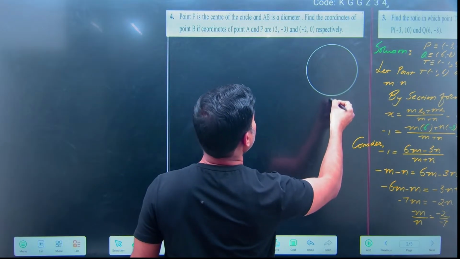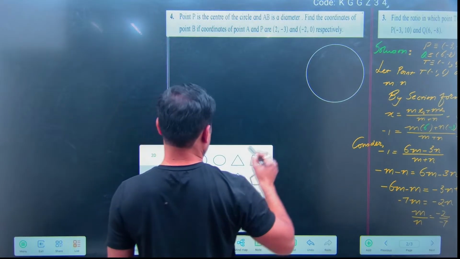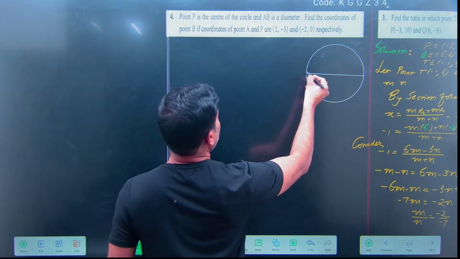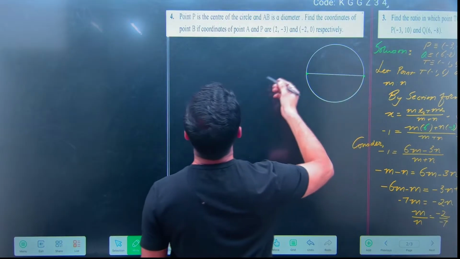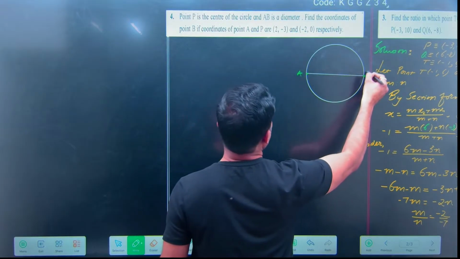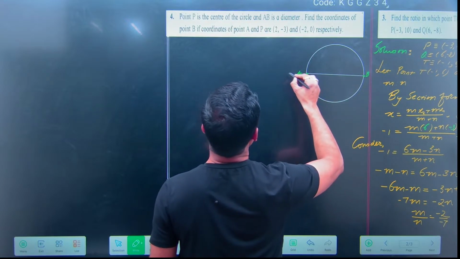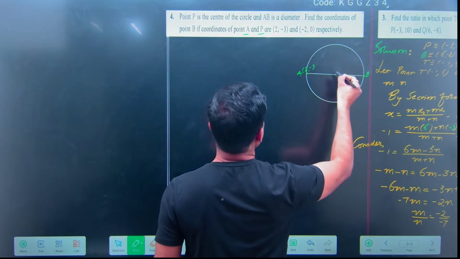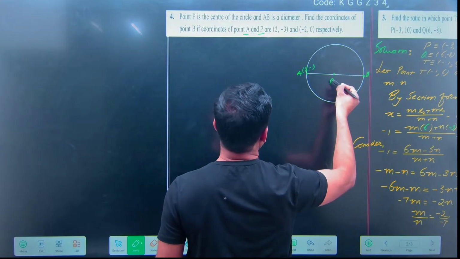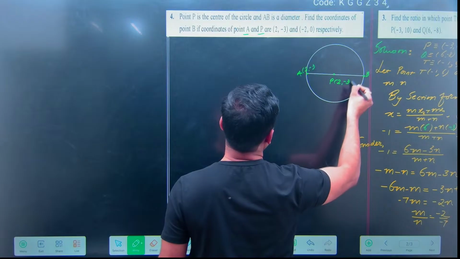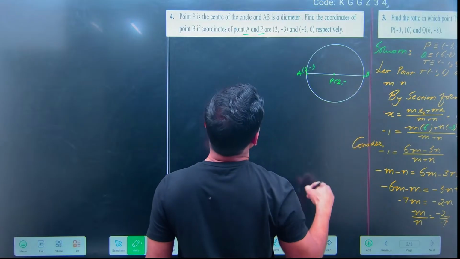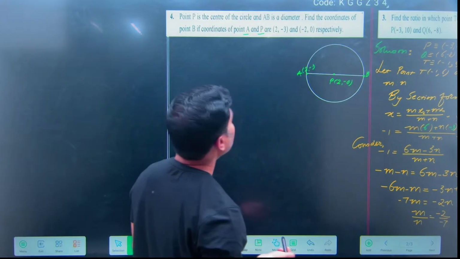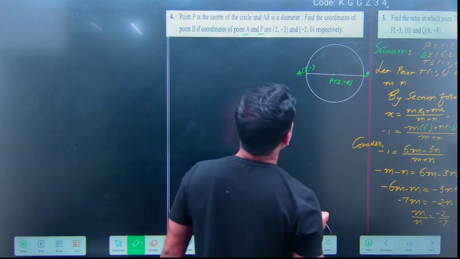They have given the circle, and this circle has a diameter like this, and the name of the diameter is AB, and this A and this point P have the coordinates 2, -3, and P is the center of circle which has coordinates 2, -3, and -2, 0, and you need to find the coordinates of point B.